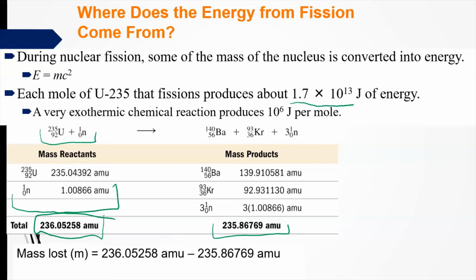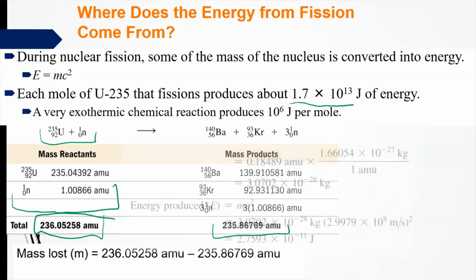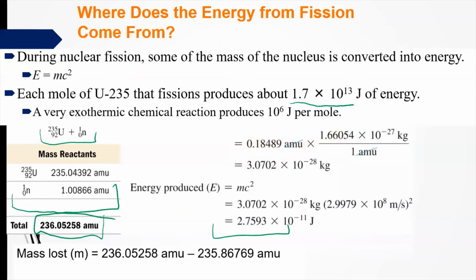So if we wanted to compare them, we could take that subtraction, that difference, and we can convert it from AMUs into kilograms. Once we have it in kilograms, we can put it into the equation E equals mc squared, and we can turn that into joules, because a joule is a kilogram meter squared per second squared.